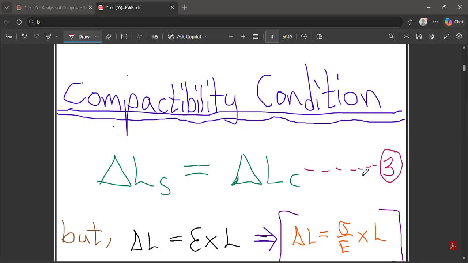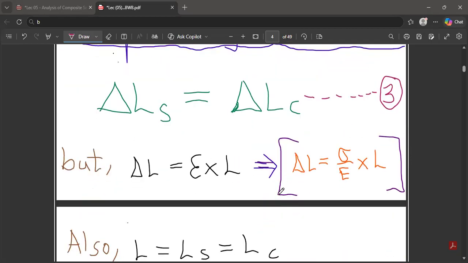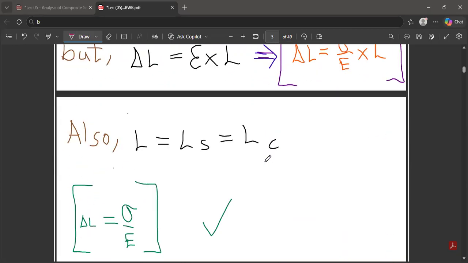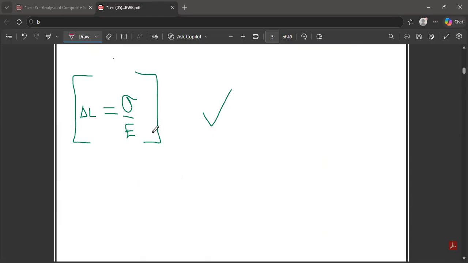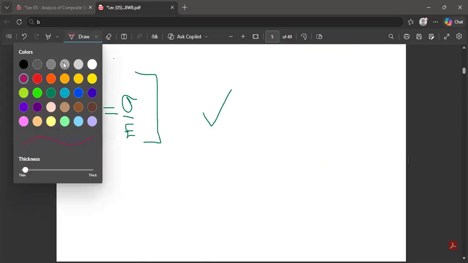So in our equation 3, we realize that our change in length of the steel rod is equal to the change in length of the copper tube. So from that same idea, we can express this in terms of that. Let me quickly rewrite that again for you to see something.